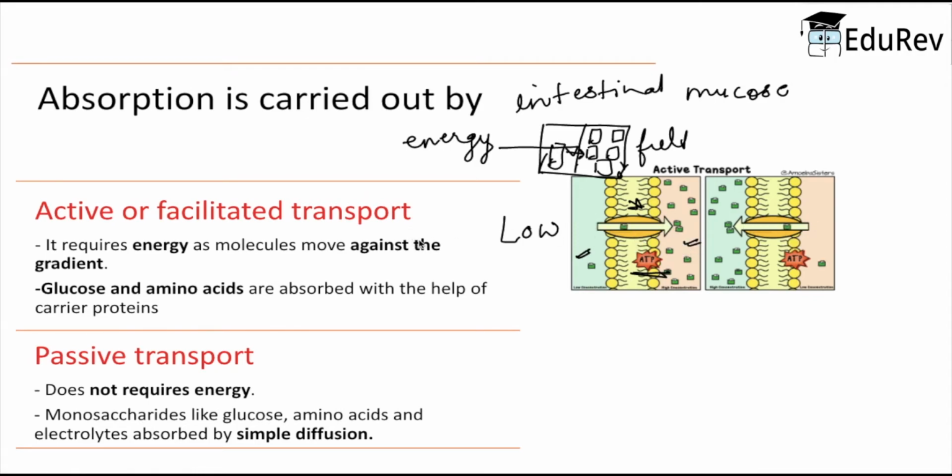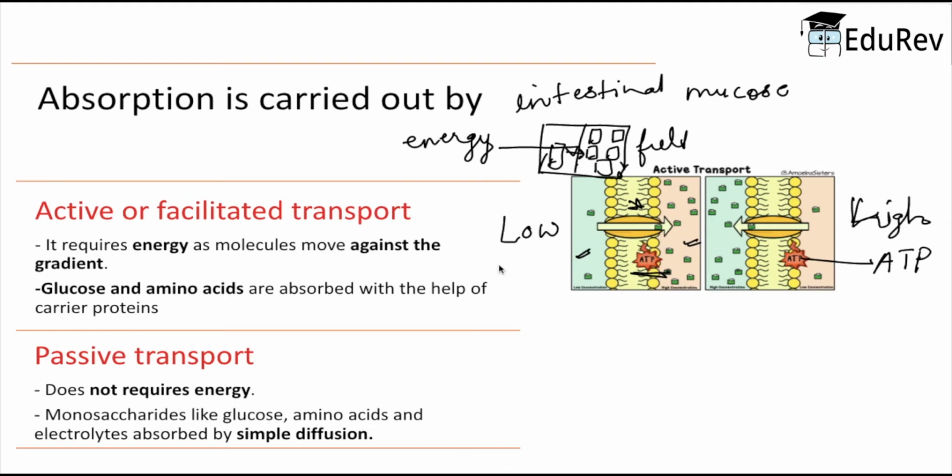So the molecules are moving from their lower concentration to their higher concentration. And if such a movement is there, it will definitely require ATP so that we can move these molecules from one side to another, as we have seen in the example of the room which was full of boxes.